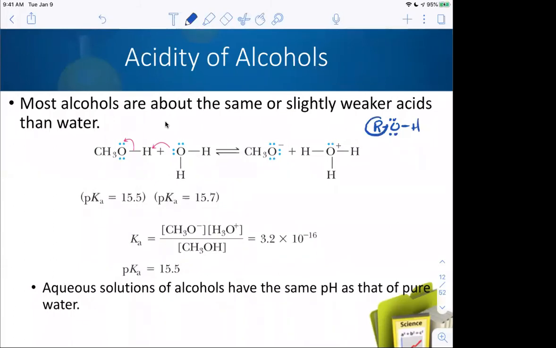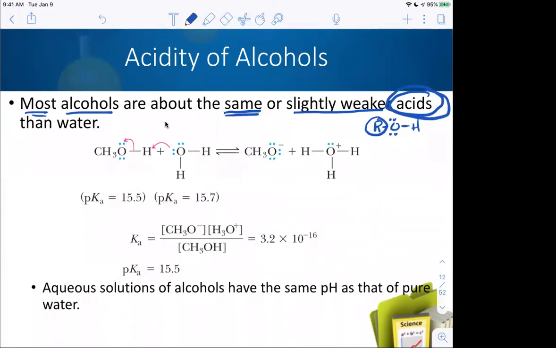The nature of this R is going to drastically affect the properties, but what I know is that most alcohols are about the same or slightly weaker acids than water.